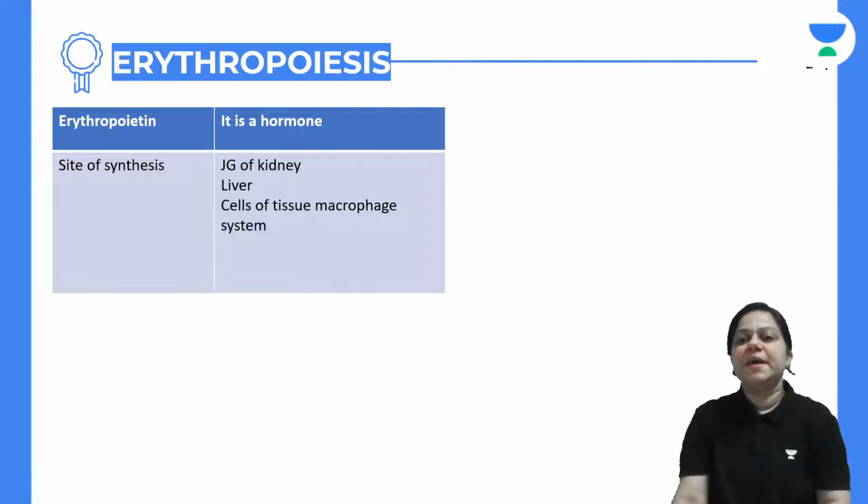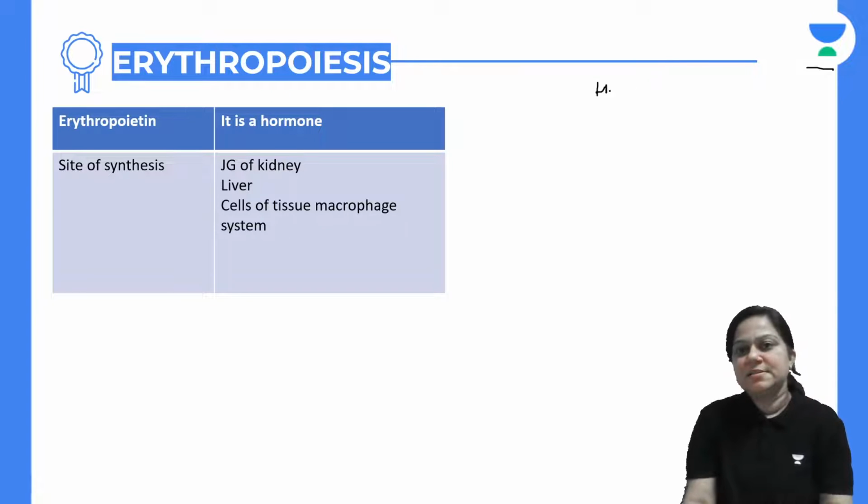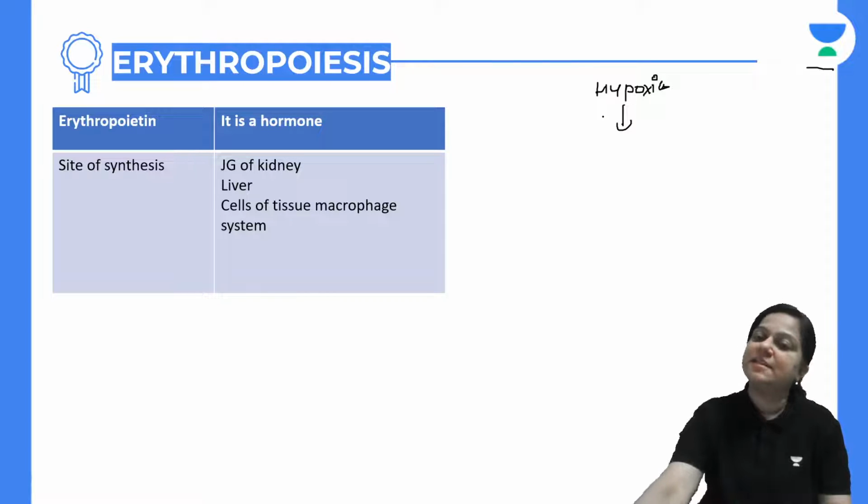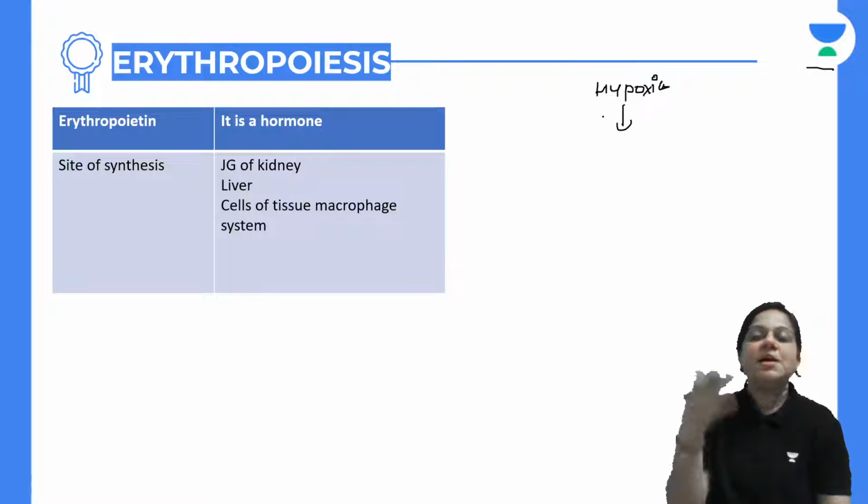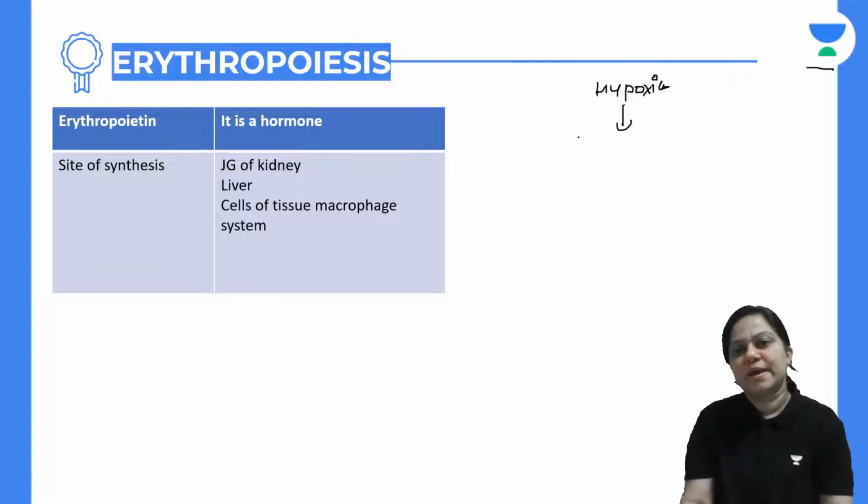Let us see how erythropoietin is formed. Whenever there is hypoxia, it will cause a decrease in blood flow, right? At the same time renal circulation will also be compromised, so the kidney will also suffer from hypoxia. Renal hypoxia will cause release of renal erythropoietic factor.